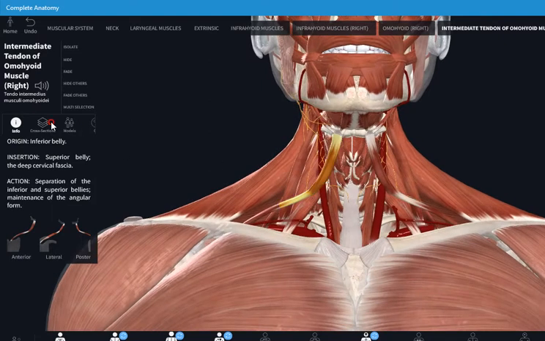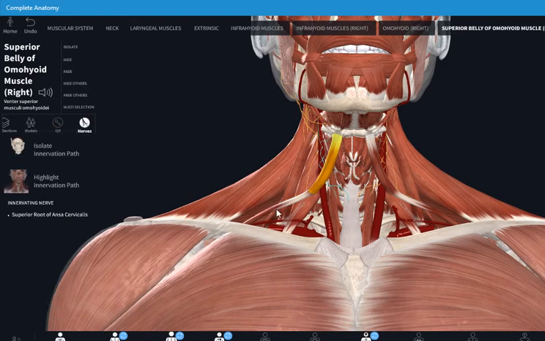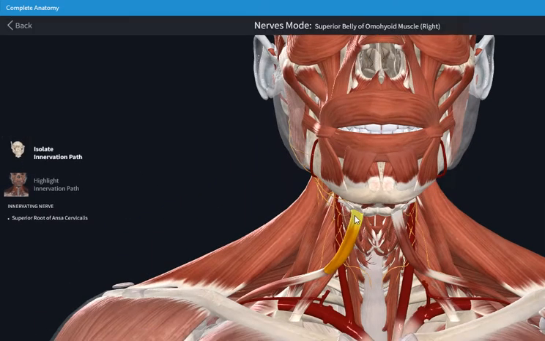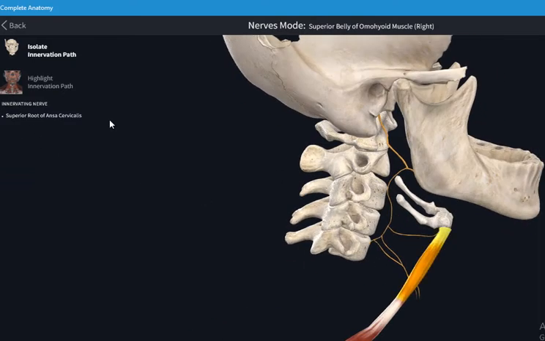Now we can pass down to the nerve, the nerves involving omohyoid stimulation. When you isolate it, this is the superior root of ansa cervicalis.